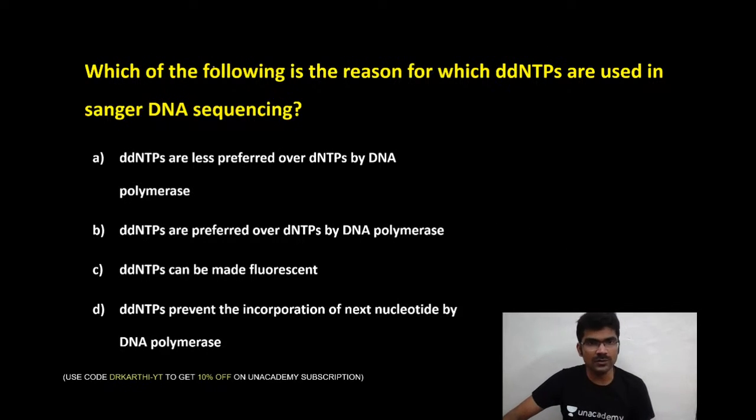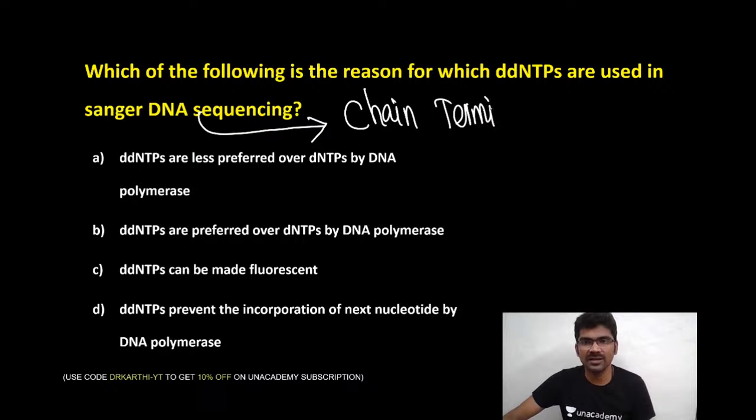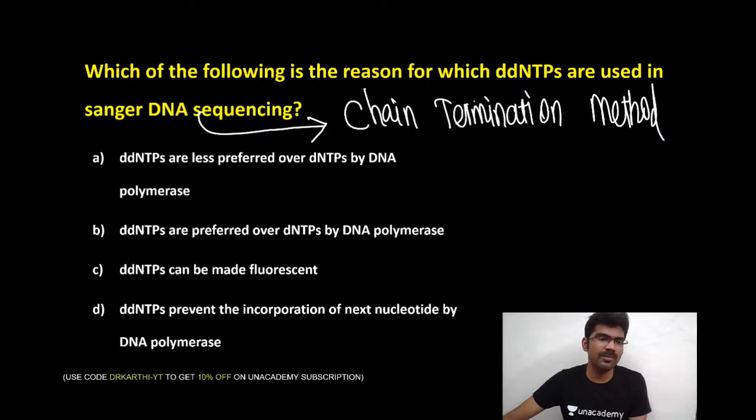Let me give a clue also. Sanger sequencing is also known as the chain termination method. The other name for Sanger sequencing is chain termination method.